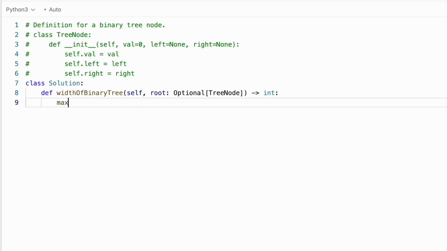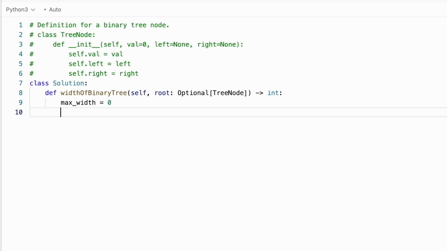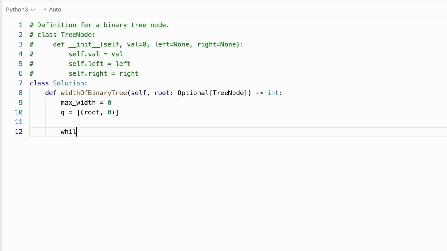Let's initialize the max width to 0, and we have to do breadth first search starting from the root node. Let's add root node to the queue, root, and index of the root node we start with is 0. While the queue is not empty, we process all the nodes at this level.